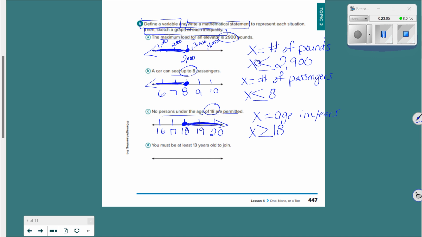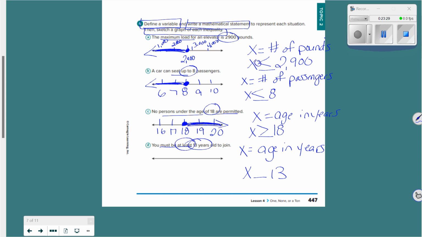And the last one: you must be at least 13 years old to join. So what is X representing? Age in years. And I have X and I have 13. Can you be 13? Yes. So I have my equal to line. Can you be older than 13?